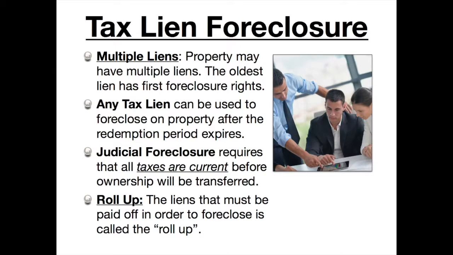If you're dealing with, let's say, Florida in this case, and that second lien was purchased by somebody else, then your roll up may consist of just that other lien that you opted not to purchase. So if you wanted to foreclose, the county would essentially say, okay, here's the amount you need to pay. And that amount would be reflective of the tax lien plus the penalties and fees that were owed.